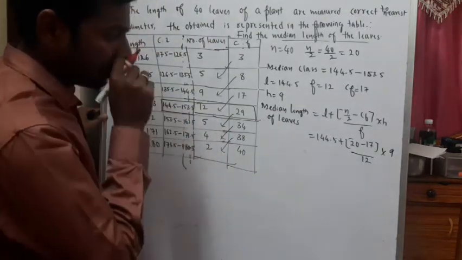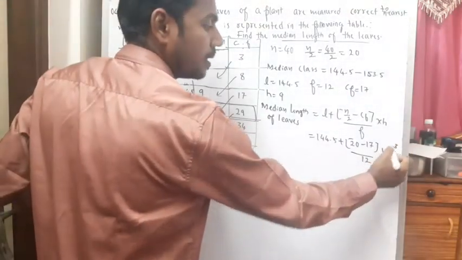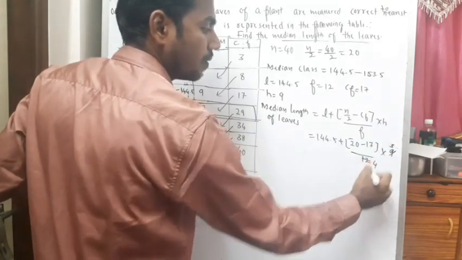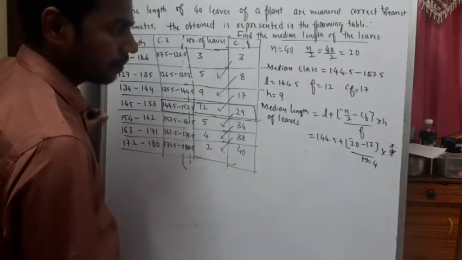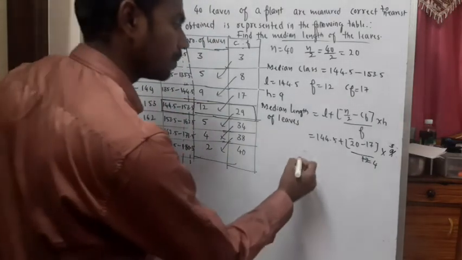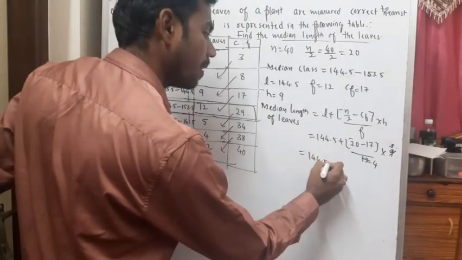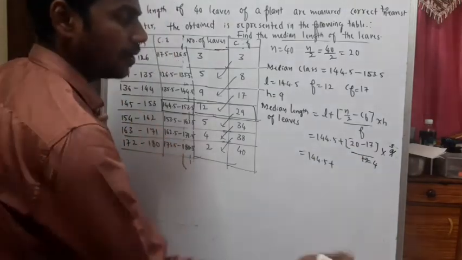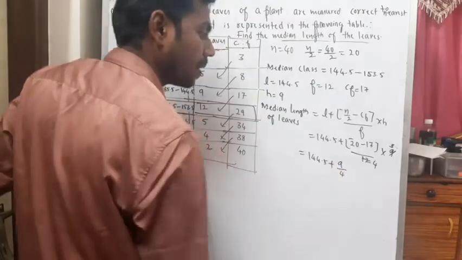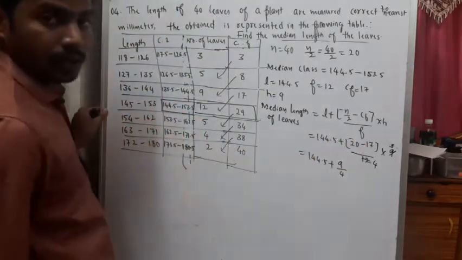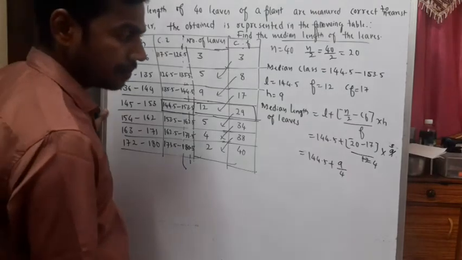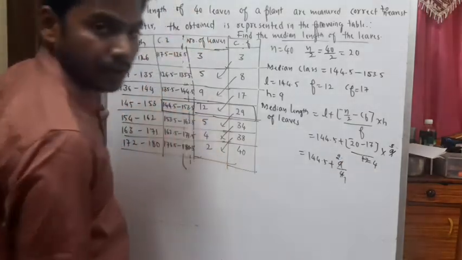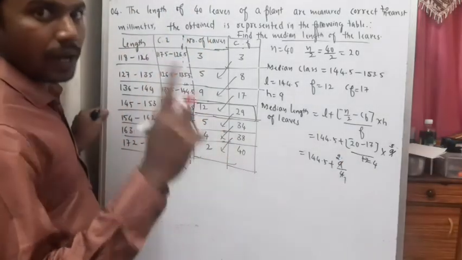Okay, now what can we do? 3 4s are 12. So 144.5 plus 20 minus 17, which is 3. 3 into 9 is 27, divided by 12. Simplifying, 3 into 3 is 9, divided by 4. 4 2s are 8, 1 left, 10.